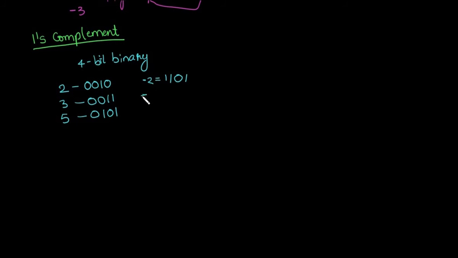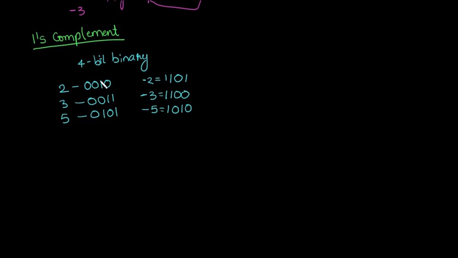To represent minus 3, this 0 changes to 1, this 0 changes to 1, this 1 changes to 0, this 1 changes to 0. For 5, it is 1 0 1 0.